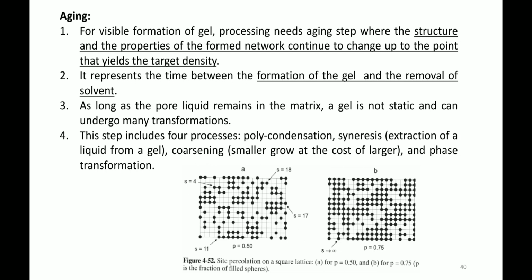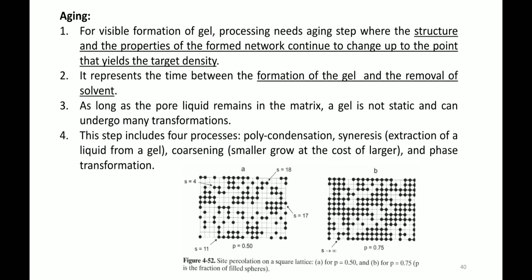There are two figures, A and B, showing site percolation on a square lattice. Suppose there is a square lattice, then which sites are occupied and which are not is shown in A. Here in figure A, P is equal to 0.5, where P is the porosity, so it is almost 50% porous.